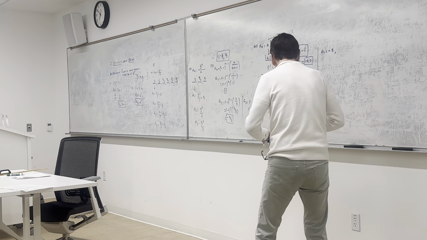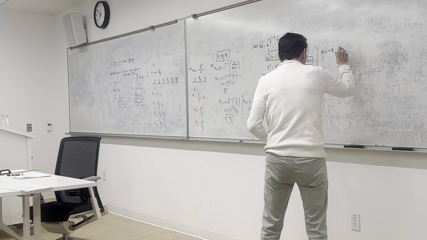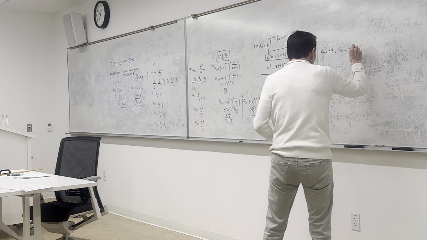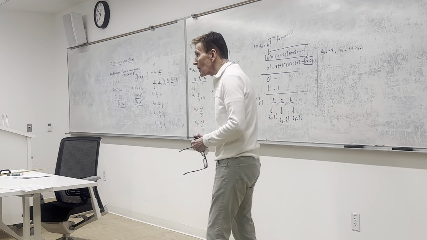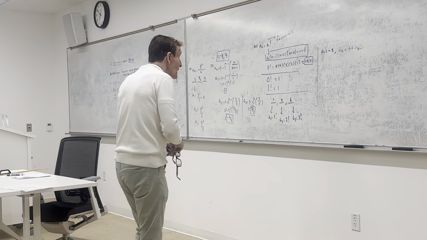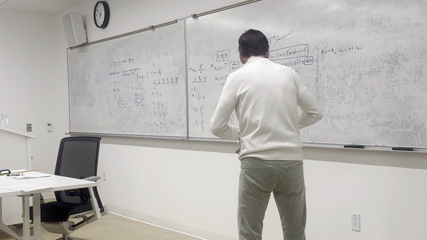The formula that was given was a subscript n equals n plus a subscript n minus 1. Okay? Now, watch carefully. How many terms did I ask to list? 5. I got 5 terms here.